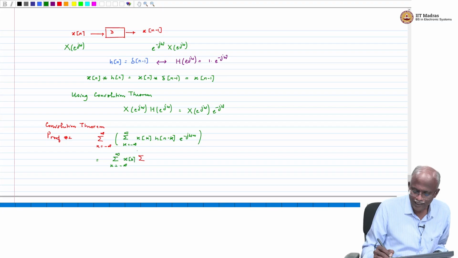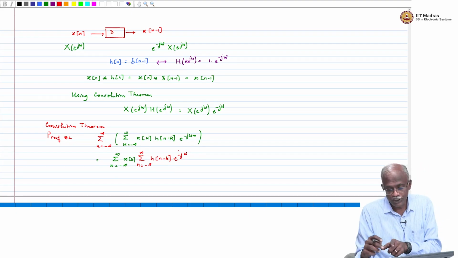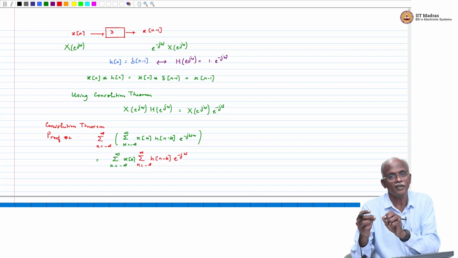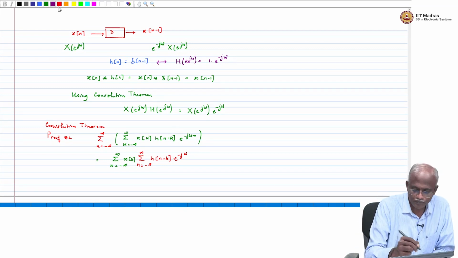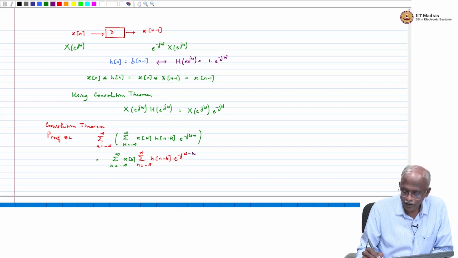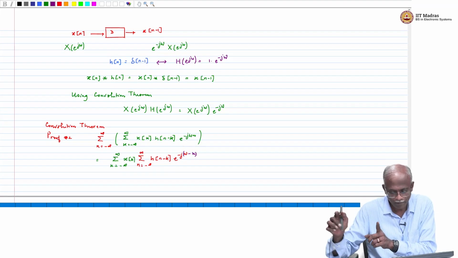Then the inner summation is n equal to minus infinity to infinity, h of n minus k e power minus j omega. But for this to be like a discrete time Fourier transform, I am going to add and subtract one term.